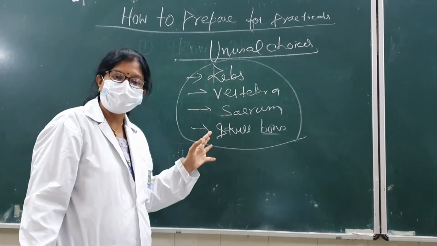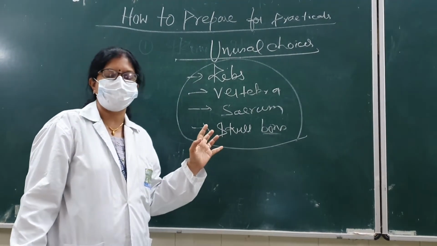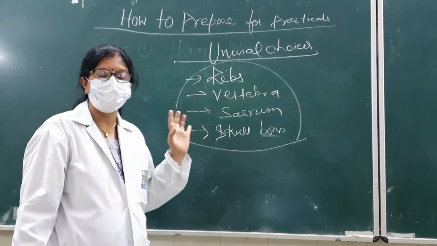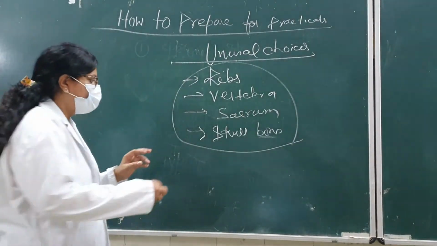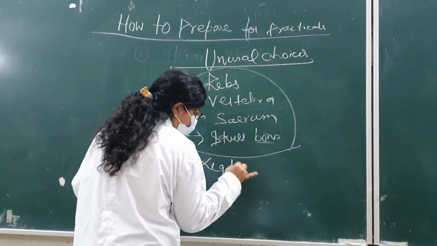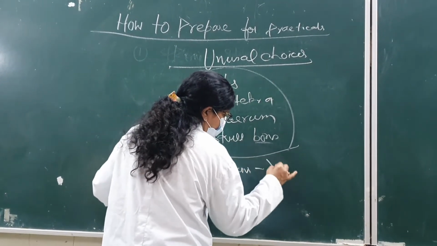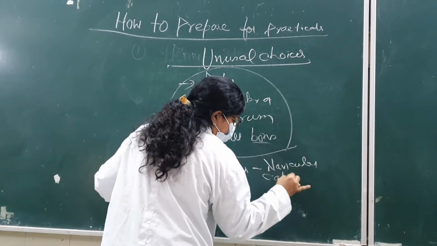Because there are fewer bony attachments over there and no surface borders, all those things you don't have to bother much, and short and small bones. Then leg bones also, like navicular, calcaneum.